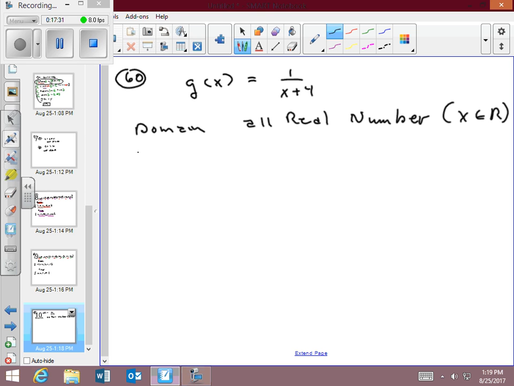And then it's except where the range is not defined. Now, notice that in this particular problem, the x values are in the denominator.